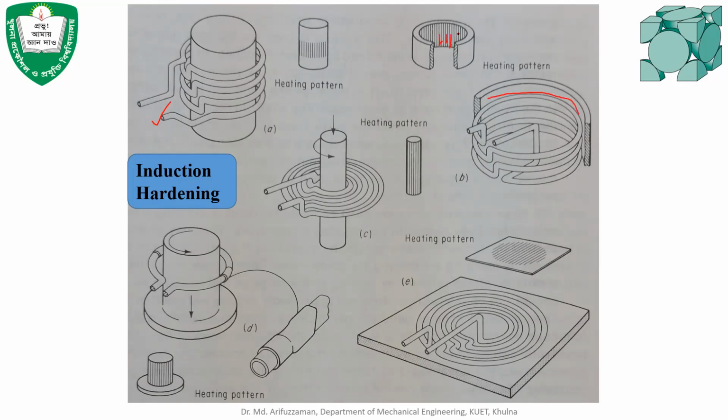The surface will be hardened, and this is also the heating pattern. You keep the heating element fixed, and then you rotate the cylinder and move it up and down. Then you get this kind of heating on the surface.